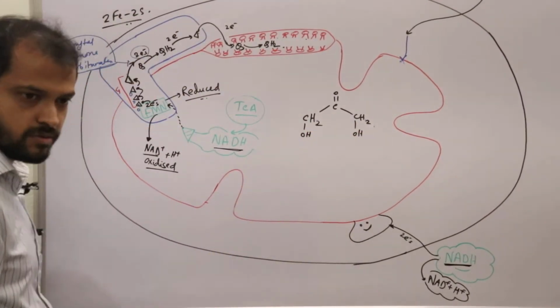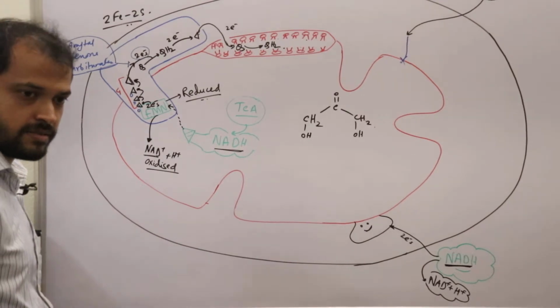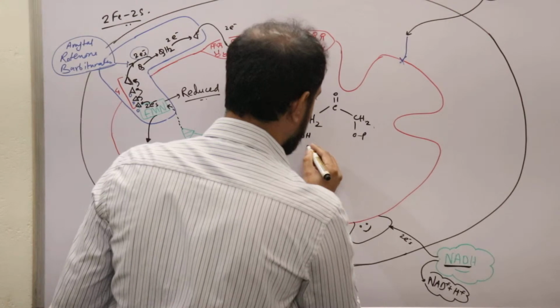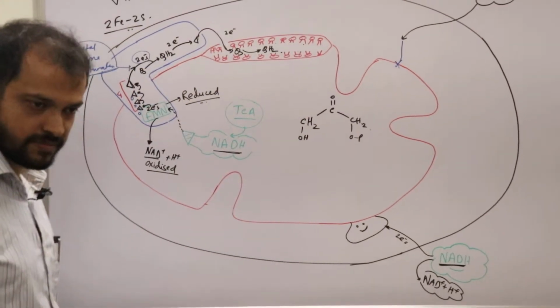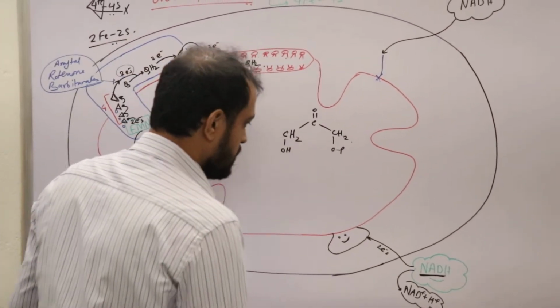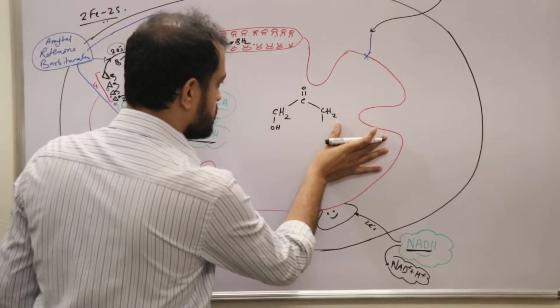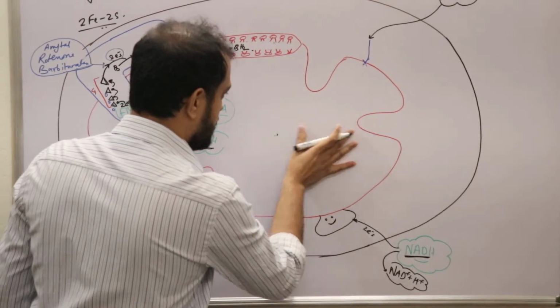This is dihydroxyacetone, one of the keto trioses. This is dihydroxyacetone phosphate. This electron will now be transferred to this dihydroxyacetone.